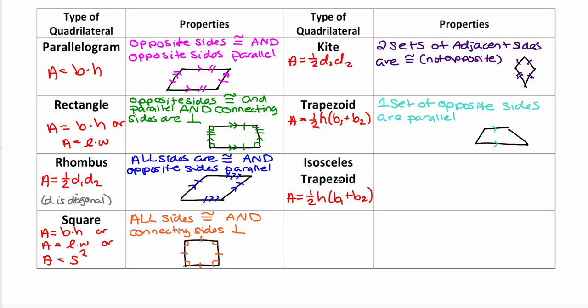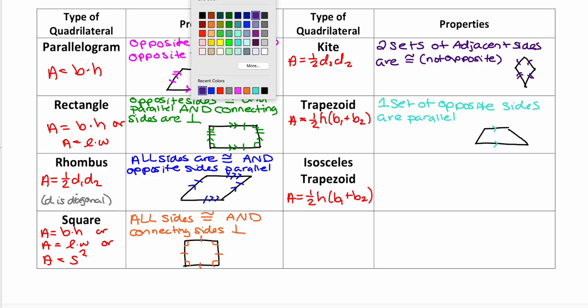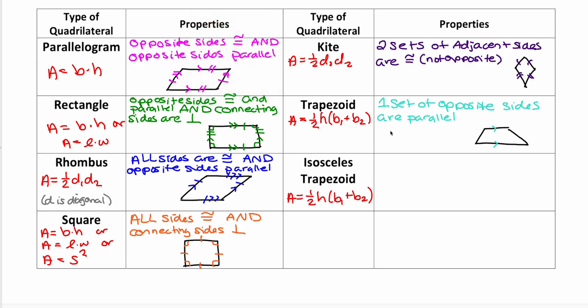Now an isosceles trapezoid is still a trapezoid, but it will be isosceles. And isosceles means two sides are congruent. So we're going to have, I'll go with brown, one set of opposite sides parallel, same as a trapezoid.